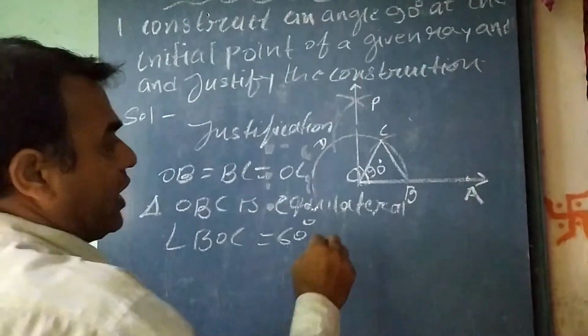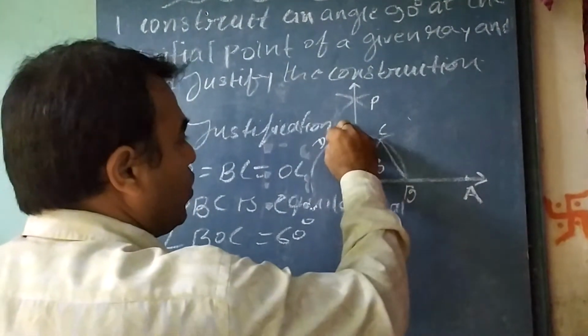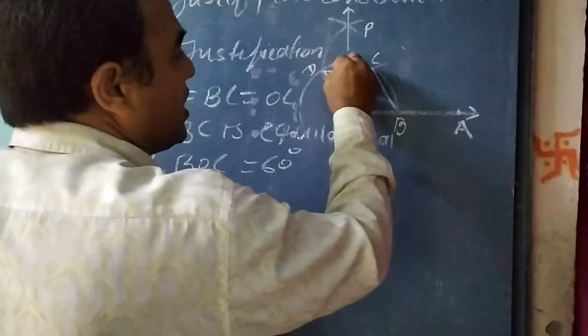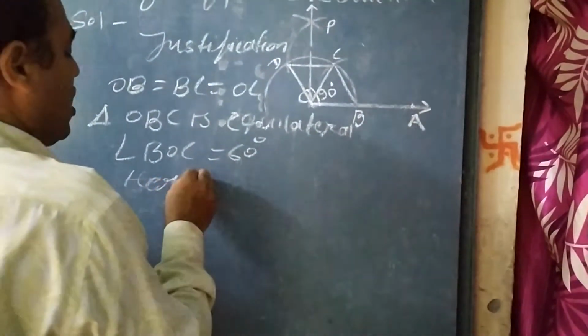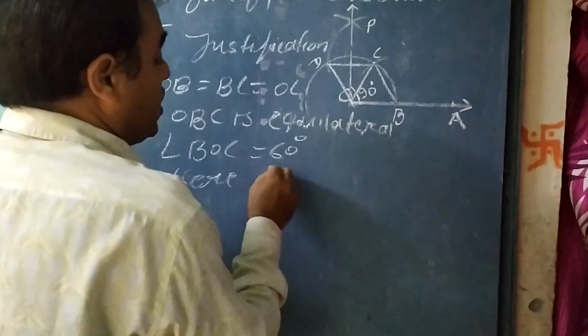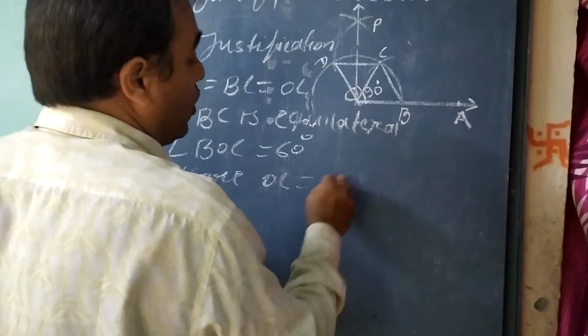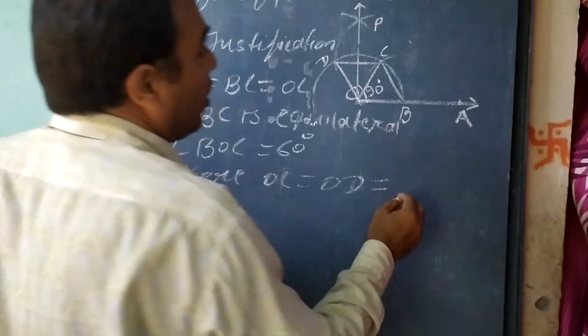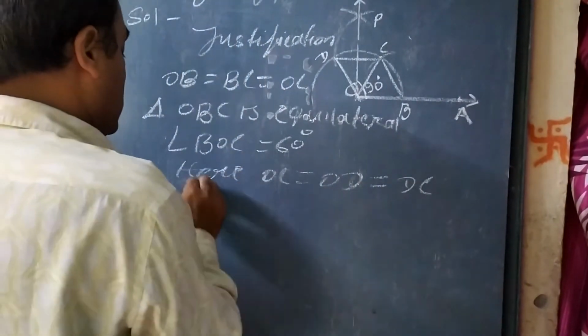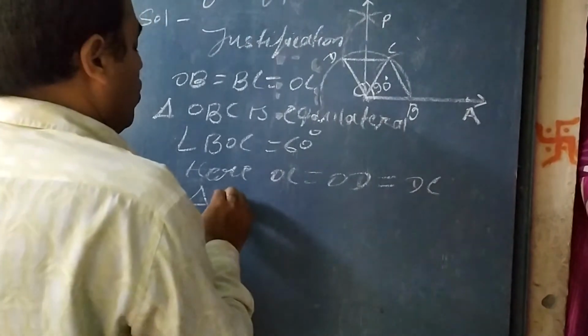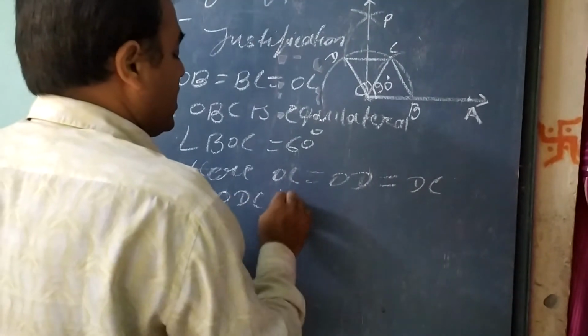Now for another triangle, we join OD and DC. So here also OC equals OD equals DC. So it is also an equilateral triangle, that is, ODC is an equilateral triangle.